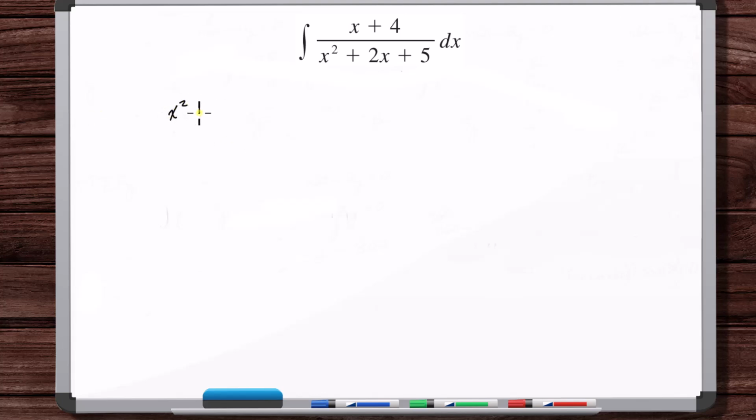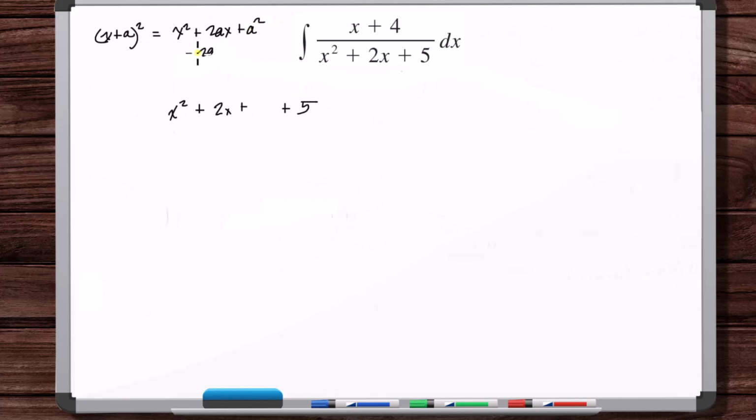So, let's do completing the square. We have x squared plus 2x plus, okay, x plus a squared is x squared plus 2ax plus a squared.